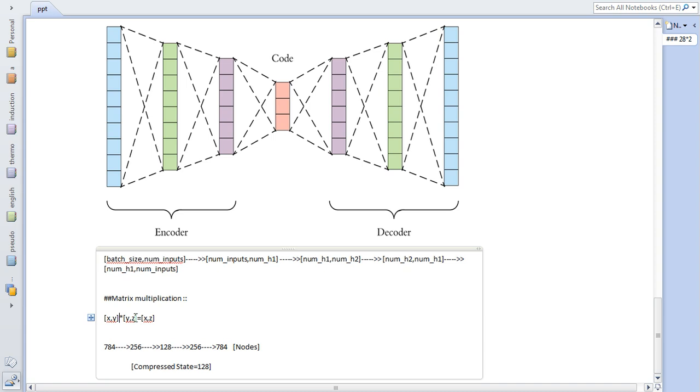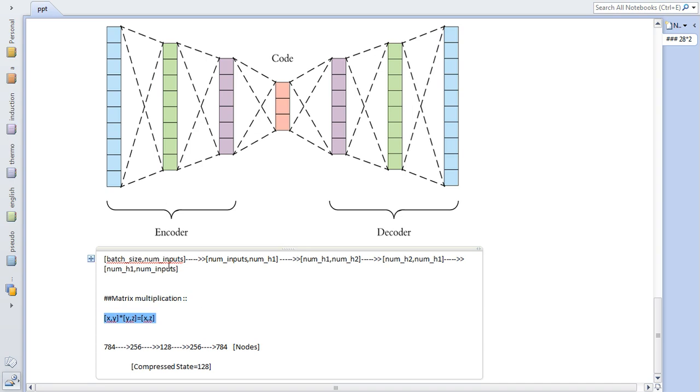The most important thing to keep in mind is that the number of columns of the first matrix should be equal to the number of rows of the second matrix. If you multiply these two matrices, you will get a result matrix with dimensions x by z, where x is the number of rows in the first matrix and z is the number of columns in the second matrix. This is the basic matrix multiplication which you need to follow in this tutorial.